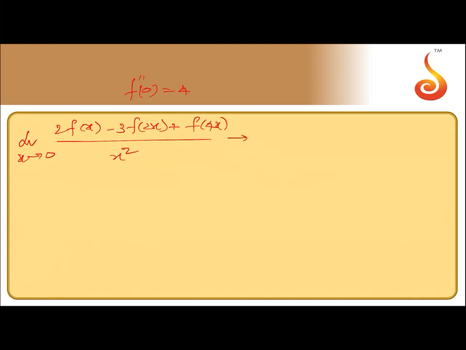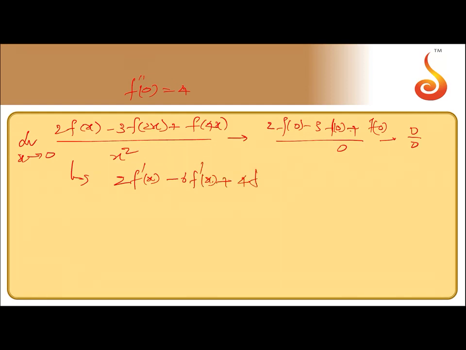Substituting x equals 0, you will get 2 times f of 0 minus 3 times f of 0 plus f of 0, divided by 0. It is in the form of 0 by 0. Therefore, we apply the derivative concept. The numerator derivative is 2 times f dash of x minus 6 times f dash of 2x plus 4 times f dash of 4x, divided by 2x.